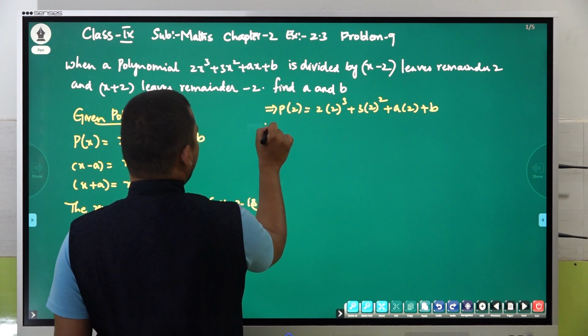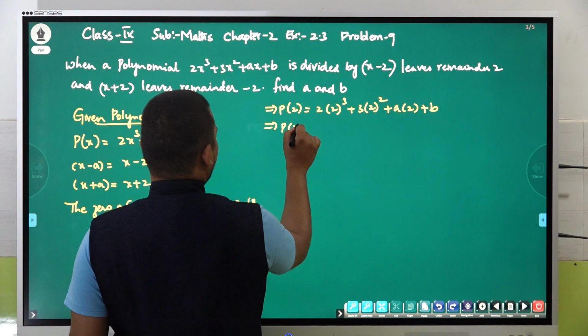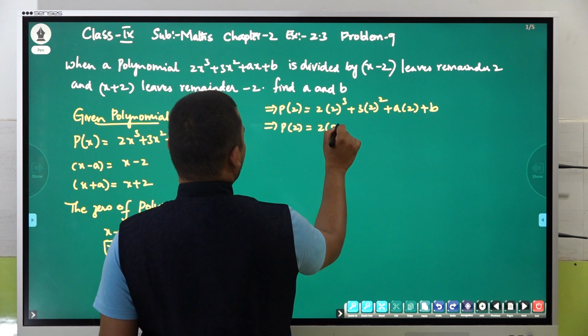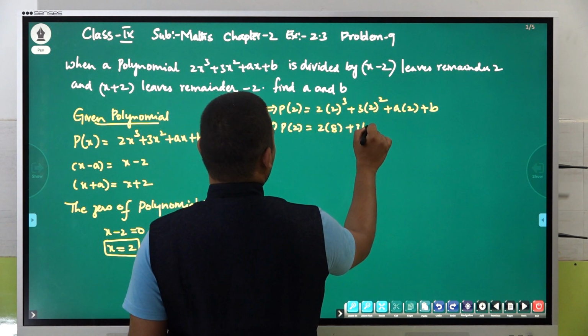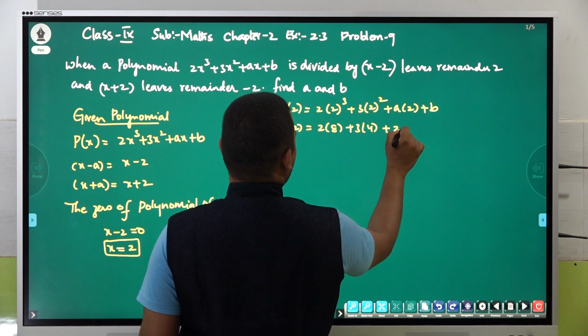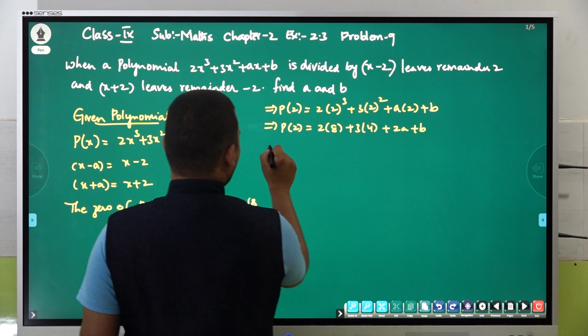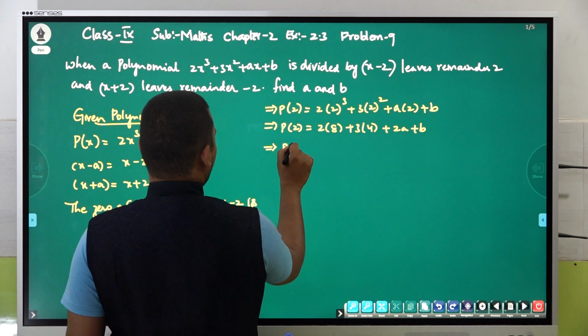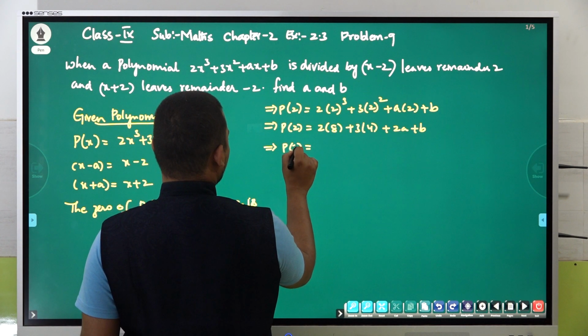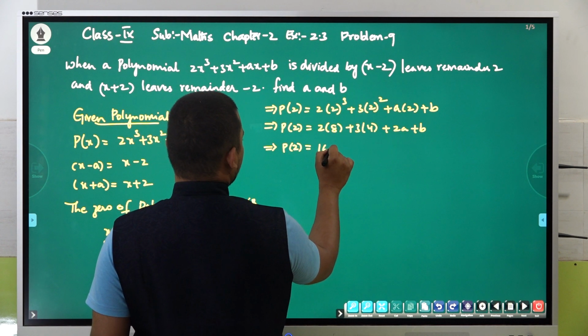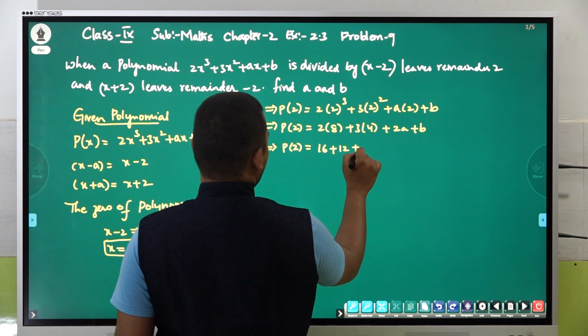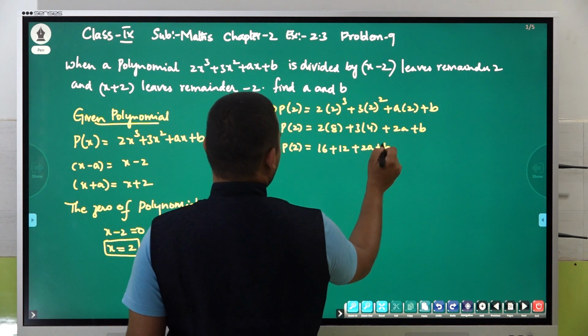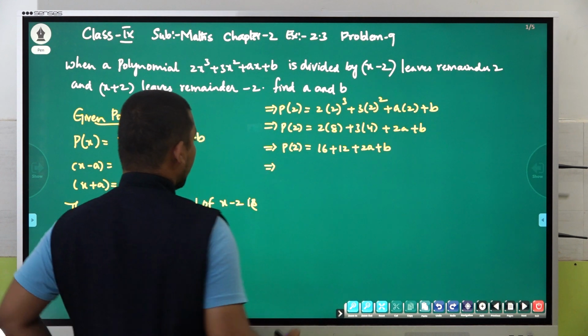Okay, then P of 2 is equals to 2 into 2 cube is 8 plus 3 into 2 square is 4 plus 2a plus b. Then P of 2 is equals to 2 8s are 16 plus 3 4s are 12 plus 2a plus b.